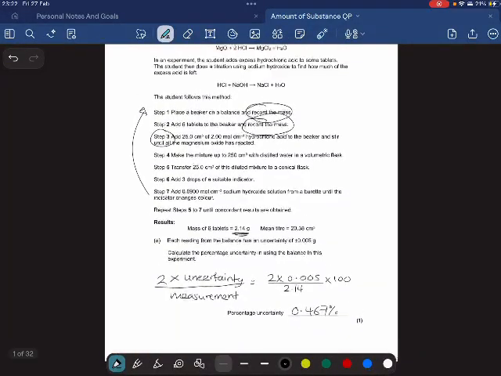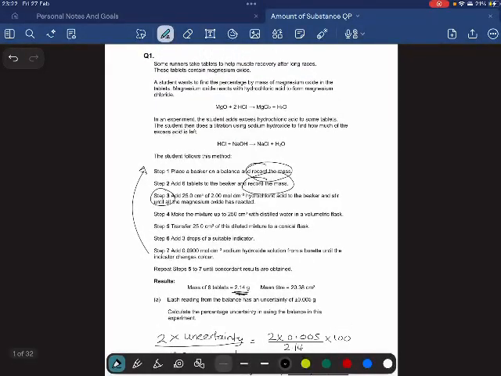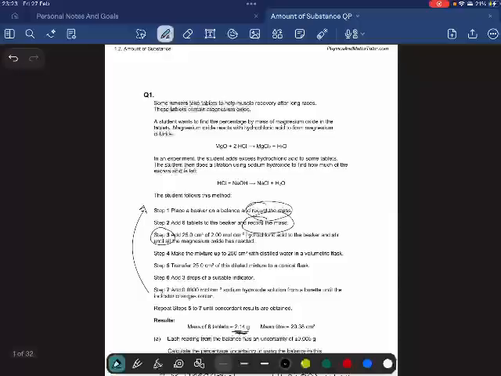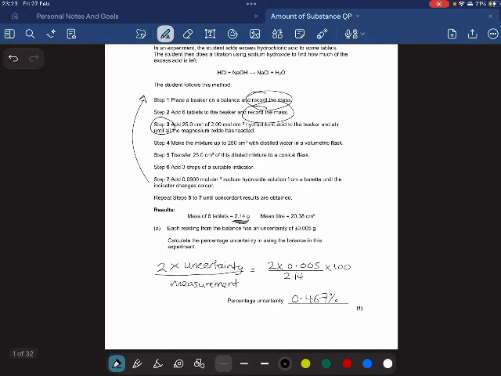So we know our concentration, right? And we want to figure out our volume, to find out how many moles we have. Well, we can do this, because we have our mean titer, which is 20.38.